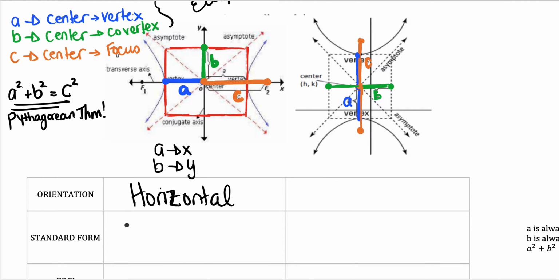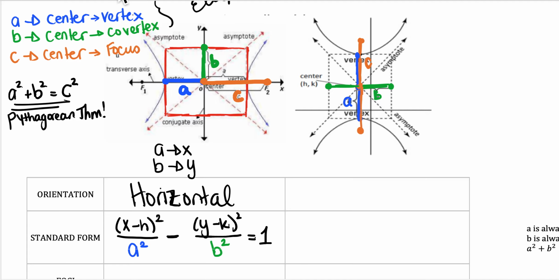So the way I'm going to write this is, we have our x minus h squared, and we have our y minus k squared. But here, the difference with ellipses is that there is a minus here. It is no longer a plus. It still equals 1, but we have a squared here, and b squared here.